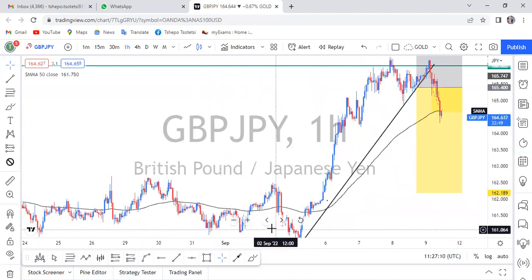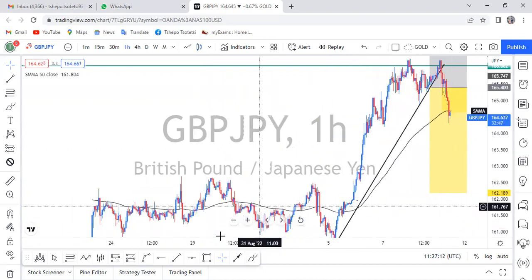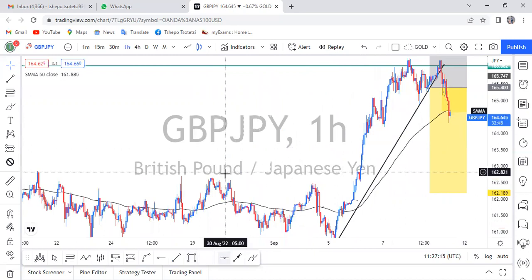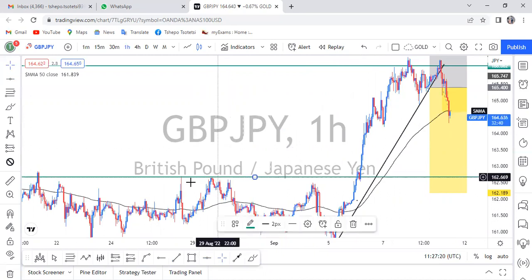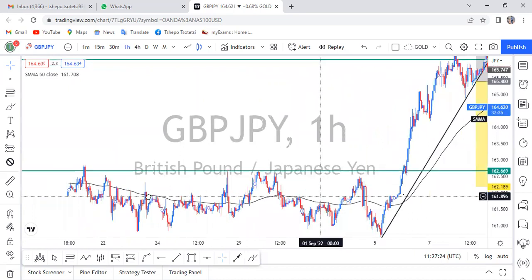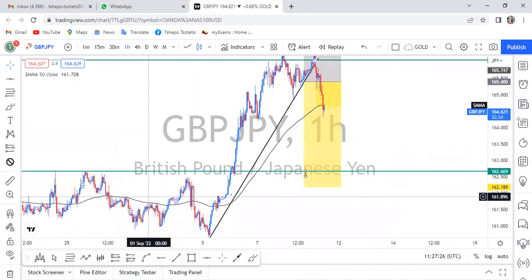We can see here, this was a resistance. We can mark this range. We might expect it to come to this level, because we can see price was playing here.